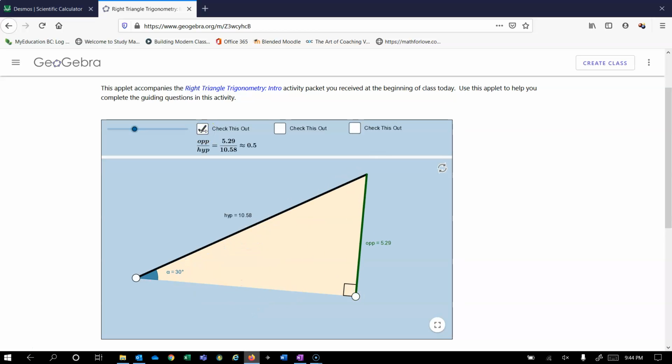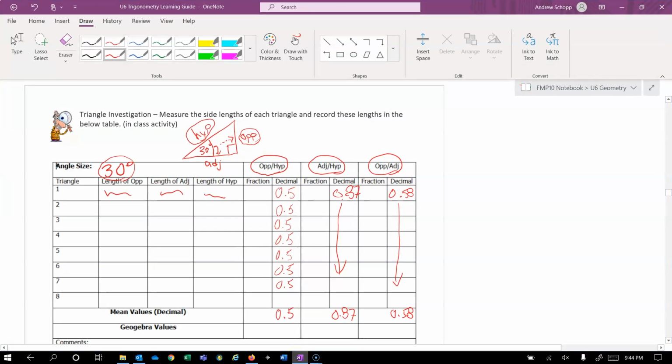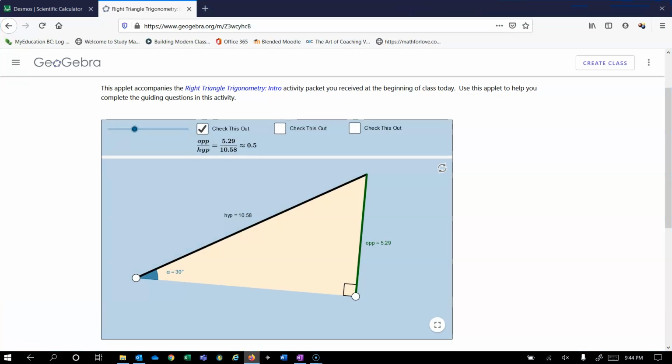But if we were to look at the first one that we did, which had the opposite over the hypotenuse. If we go to Geogebra, we can see that this right now is showing you the ratio of the opposite side over the hypotenuse. And if you take the 2 side lengths, doesn't matter what they are, we end up with 0.5.